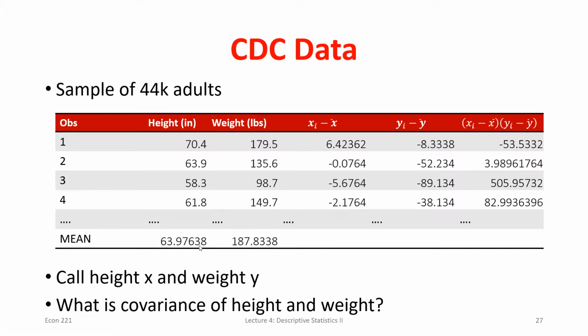I now have my average height and my average weight. So what I'll do for every single observation is first, how much does its height deviate from the average height? How much does that person's weight deviate from the average weight? And then multiply those two differences by each other. Once I do that for every single observation, I would then add them all up and divide by the total number of observations I have here.